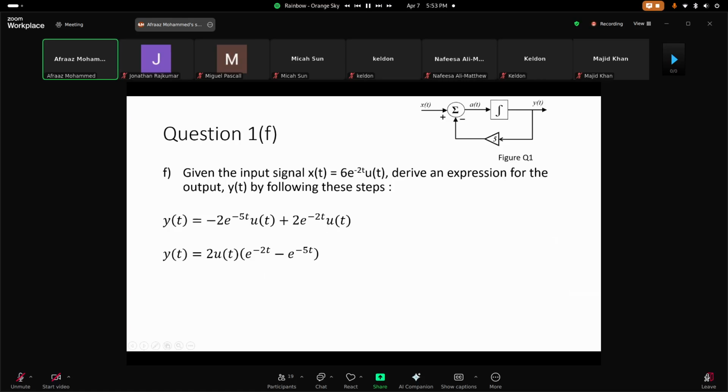Here you could factorize out the 2u of t and put the positive term first, giving 2u of t times e to the minus 2t minus e to the minus 5t. This is the answer. As I said before, if you leave the answer in this form, it is totally fine; you don't have to simplify it further.